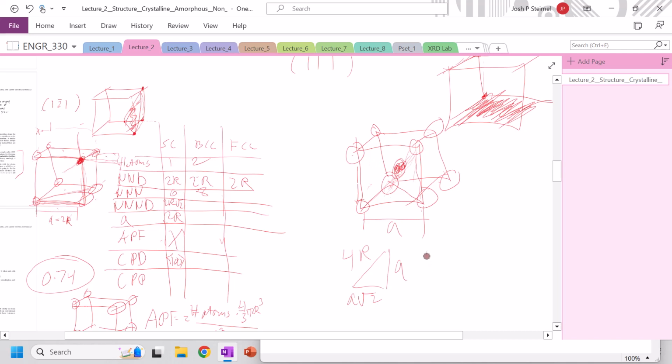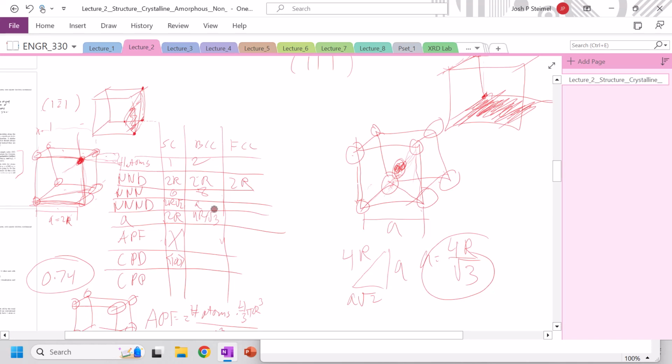So we can find that a is equal to 4r over square root of 3, and actually solve for that metric. So that's a, and that's also a here. a is 4r divided by square root of 3.